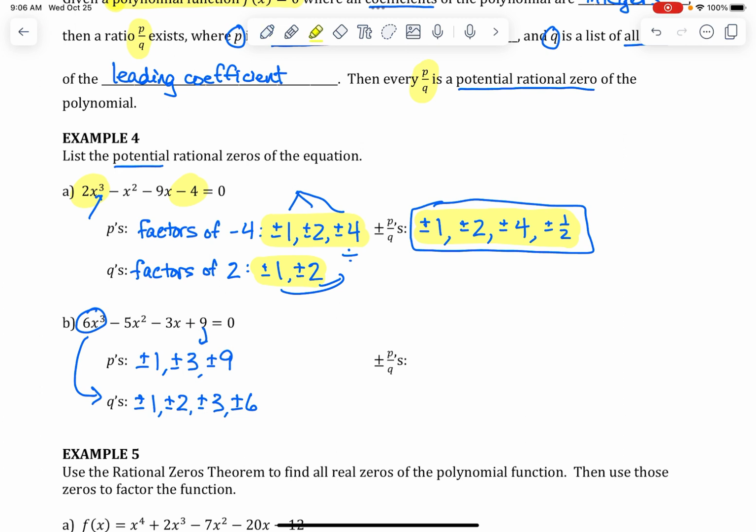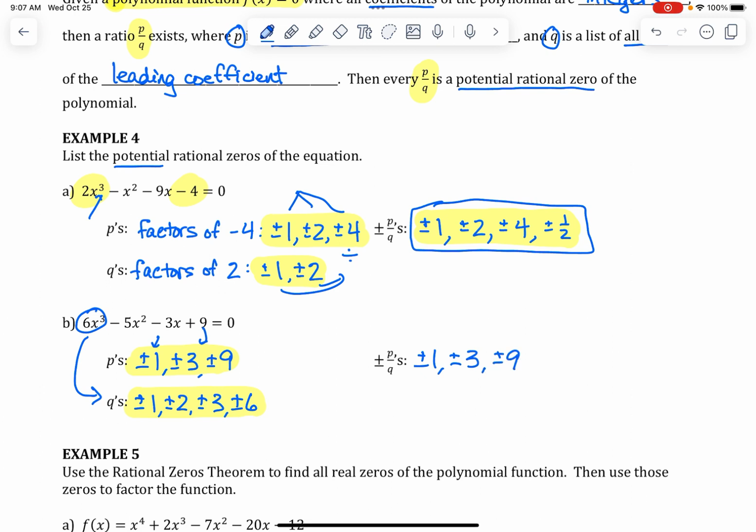And of course, we take each of the numbers in P and divide them by each of the numbers in Q. You can see it's sort of a process. So I take every number in P divided by every number in Q. 1 divided by 1, 3 divided by 1, and then 9 divided by 1.